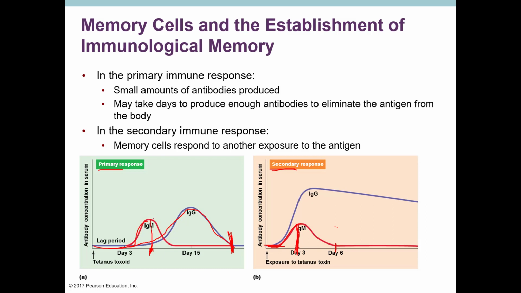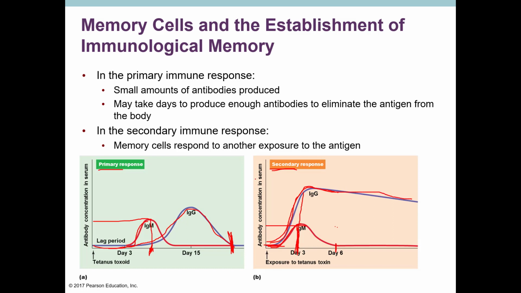The IgM response is about the same level as it was in the initial response, but it's much faster this time. What is much different, though, is the IgG response, because now the IgG response is not only much faster, it's also much higher. So you get IgG about the same time as you get IgM, and you get tons of it, and it stays.